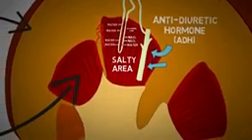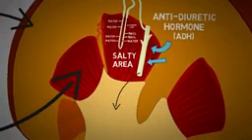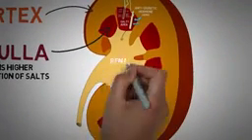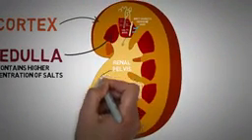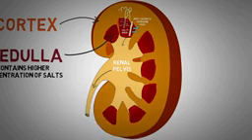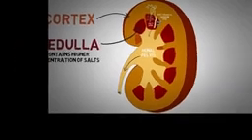The urine in each collecting duct is drained into the renal pelvis, which is this dilated portion of the kidney that is in turn connected to the ureters. The ureters connect the kidney to the urinary bladder that is connected to the urethra. Now to learn more about the urethra and all the other organs of human excretion, watch this upcoming video on our channel about the human excretory system.